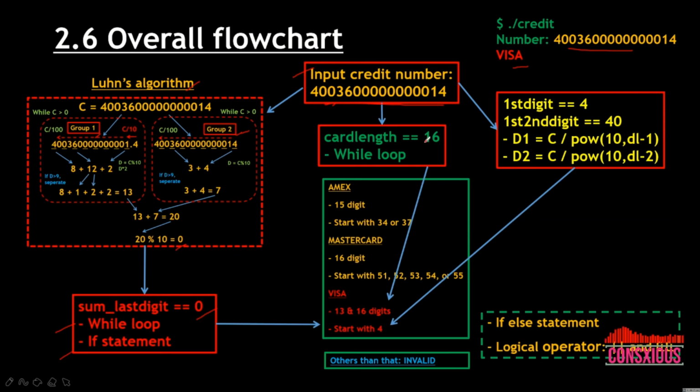Then we find the card length using a while loop. Then we find the first digit and second digit using the formula, digit length minus 1 and digit length minus 2. At last we construct the conditions for the three card types or else invalid, using if-else statements with the logical operators OR and AND.